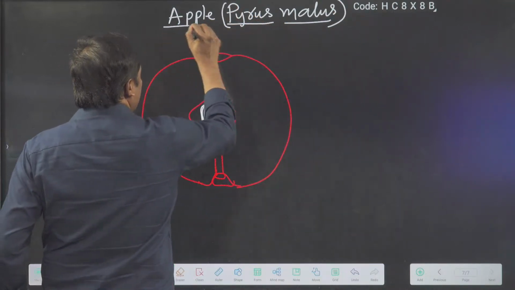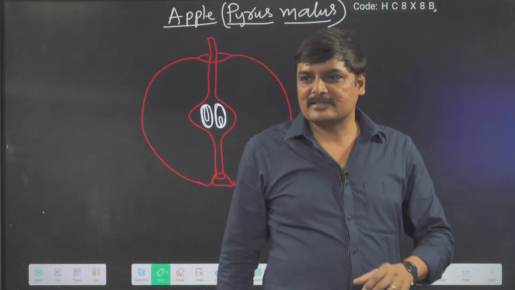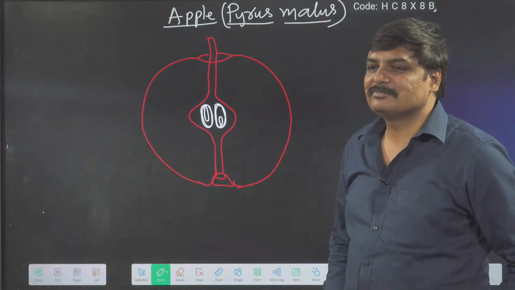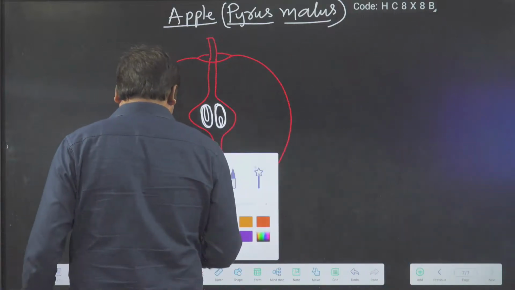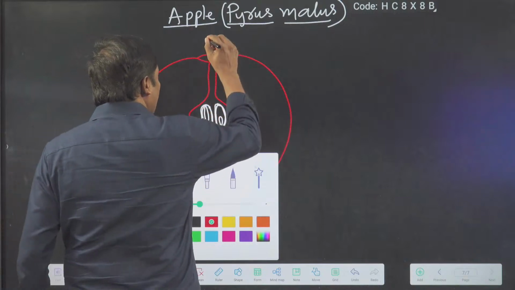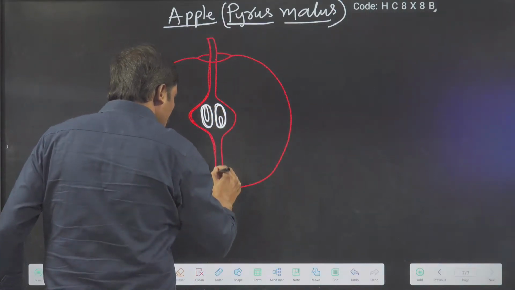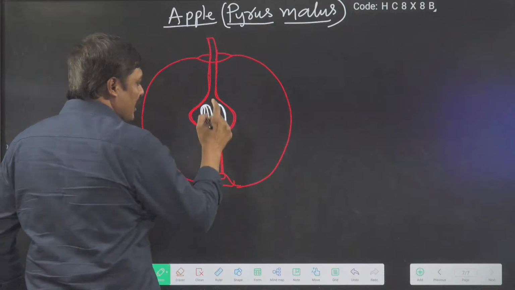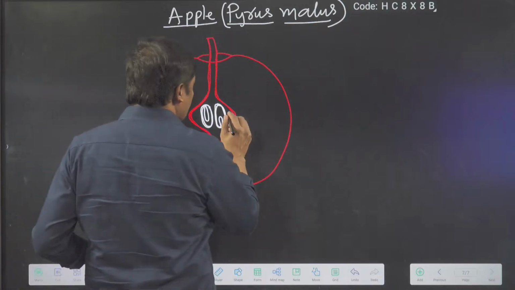This is apple. Now see, in this, true fruit is there, false fruit is also there. This is called true fruit.